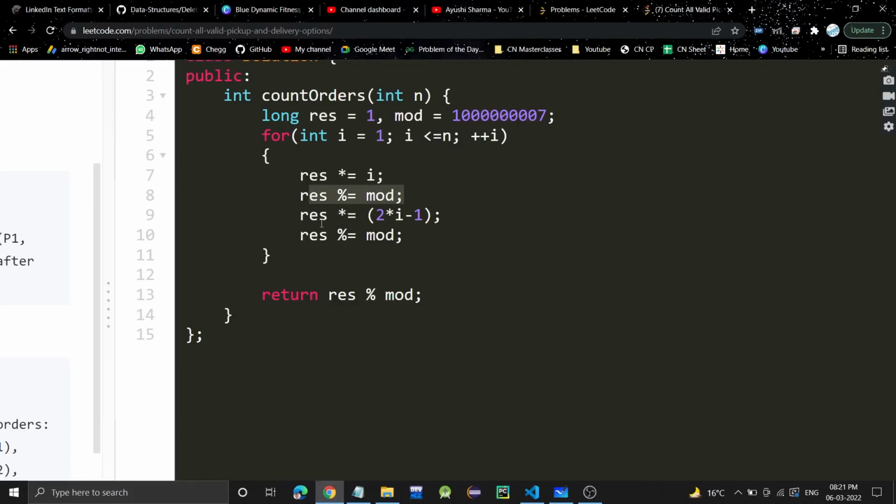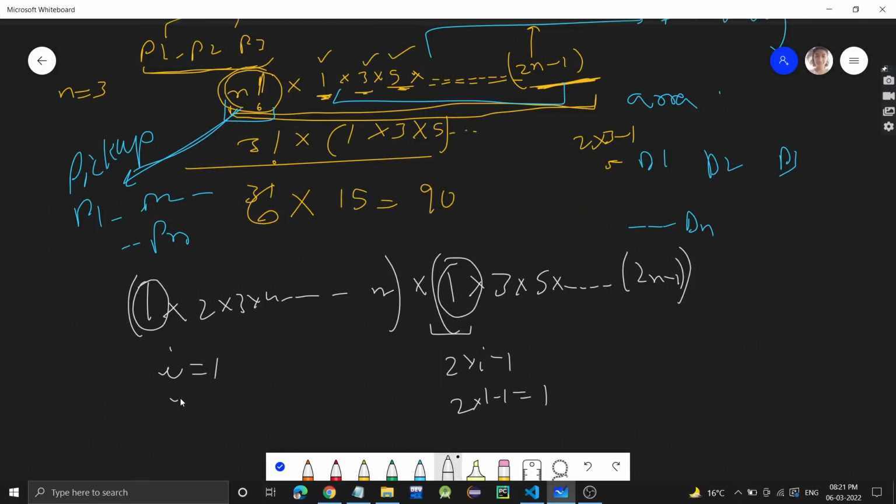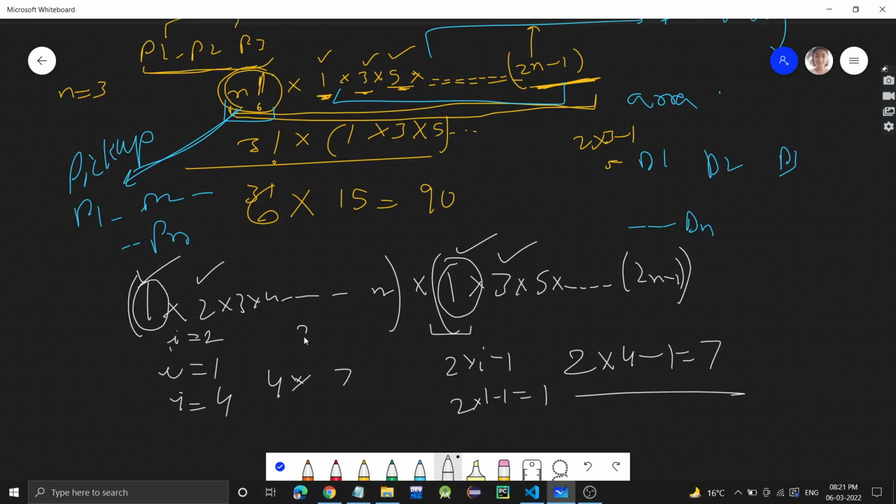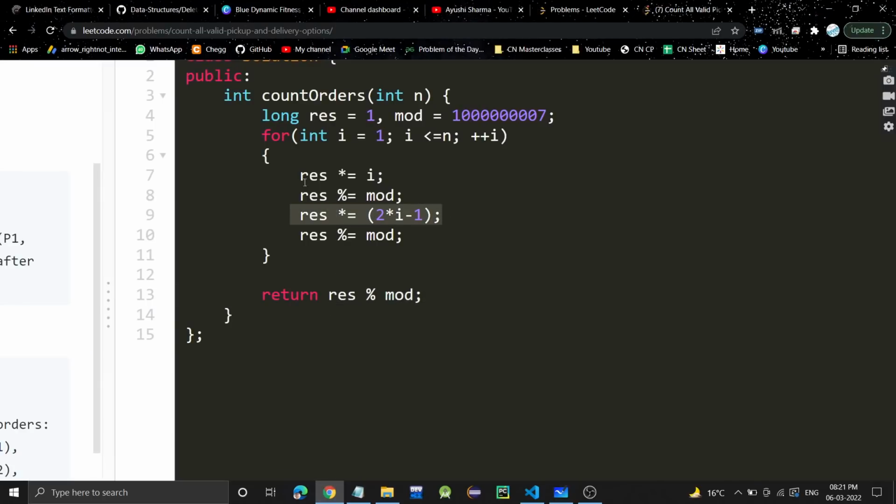And modulus we will keep doing so that it does not exceed the limit, and at last we'll return this. So when i is equal to, let's say, 4, it will be 4 multiplied and 2 into 4 minus 1, that is 7. Fine. So we are multiplying side by side, if i is equal to 2, so 2 into 2 minus 1, 3, so 2 and 3, like that we are calculating simultaneously.